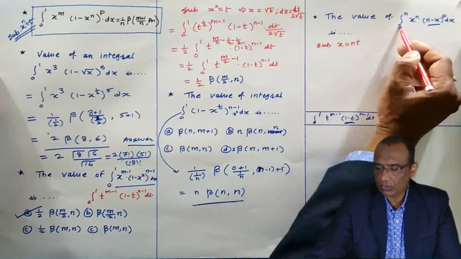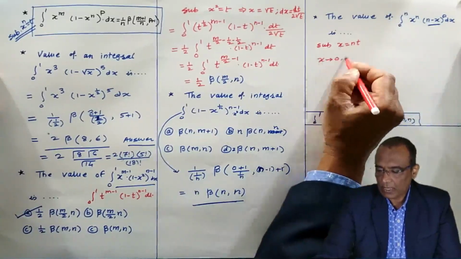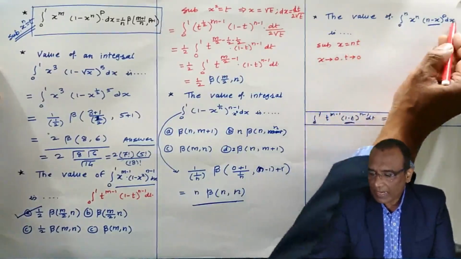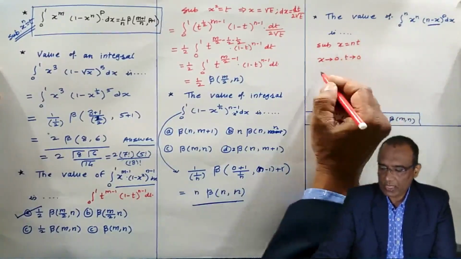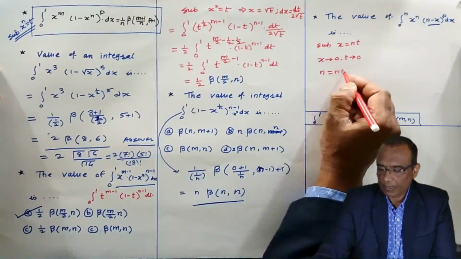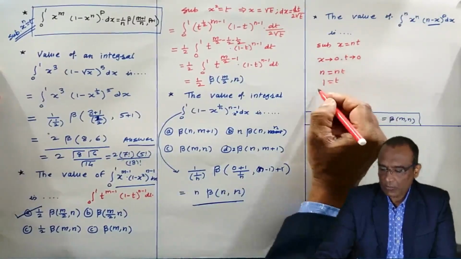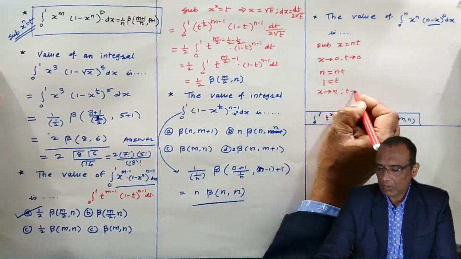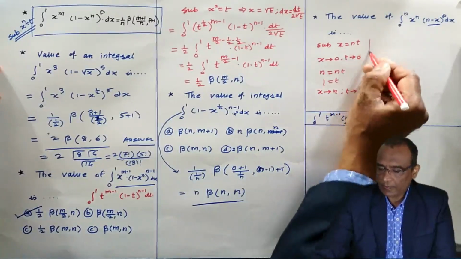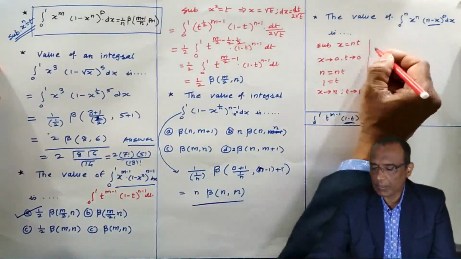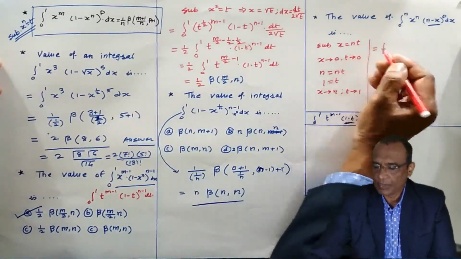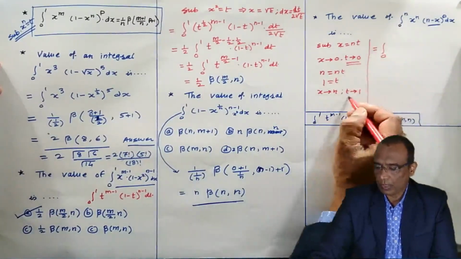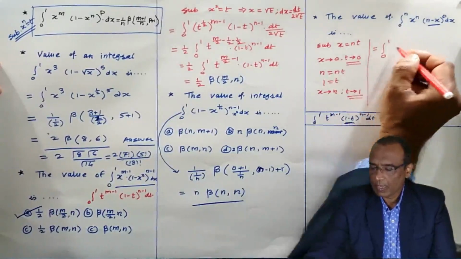When x is 0, t is 0. Put x equal to 0, value of t will be 0. When x is n, if you substitute x equal to n, what will you get? t equal to 1. Because when x is n, t is 1. So in this way, this integral becomes, for this substitution, 0 to 1, x power n.